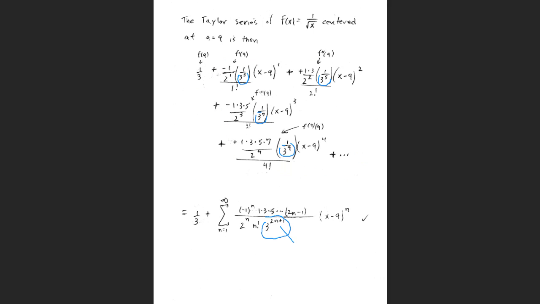That's the 3 to the 2n plus first power. N factorial, well, that's just there. That's part of the Taylor series formula. 2 to the nth power, okay, we have 2 to the first, 2 to the second, 2 to the third, 2 to the fourth. So 2 to the nth makes sense.